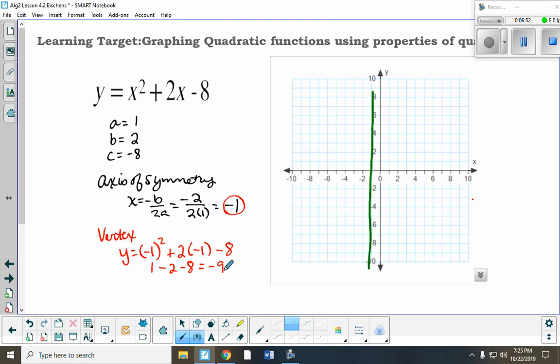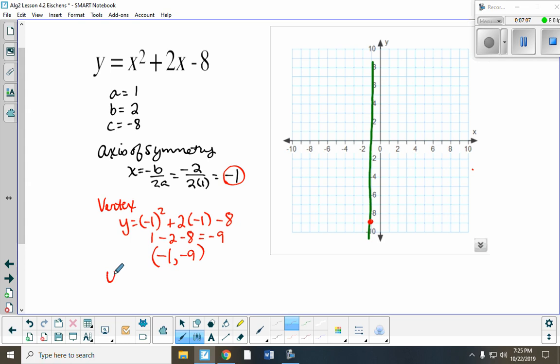So when we plugged in a -1, out came a -9. So the vertex is at -1, -9, right here. Your y-intercept is at 0, c, which is -8. So you can plot that and reflect that over.